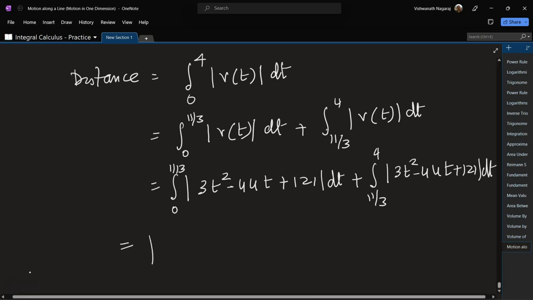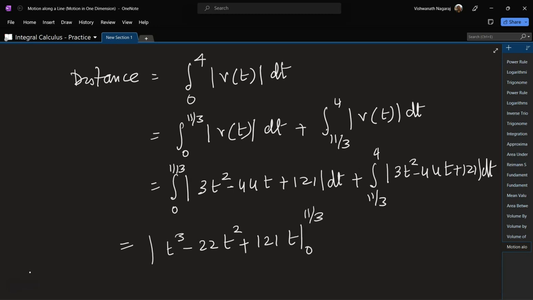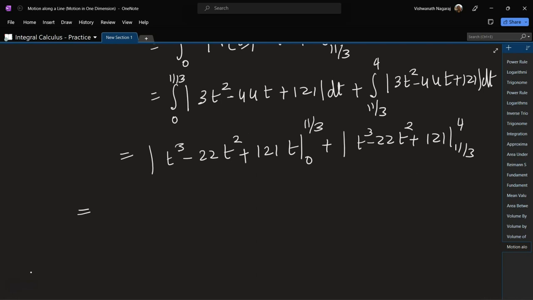So now let's integrate. We get 3t cube by 3, so t cube, minus 22t square plus 121t from 0 to 11 by 3, plus the absolute value of t cube minus 22t square plus 121t from 11 by 3 to 4. Okay, let me write just one more step. Then I will leave it up to you.